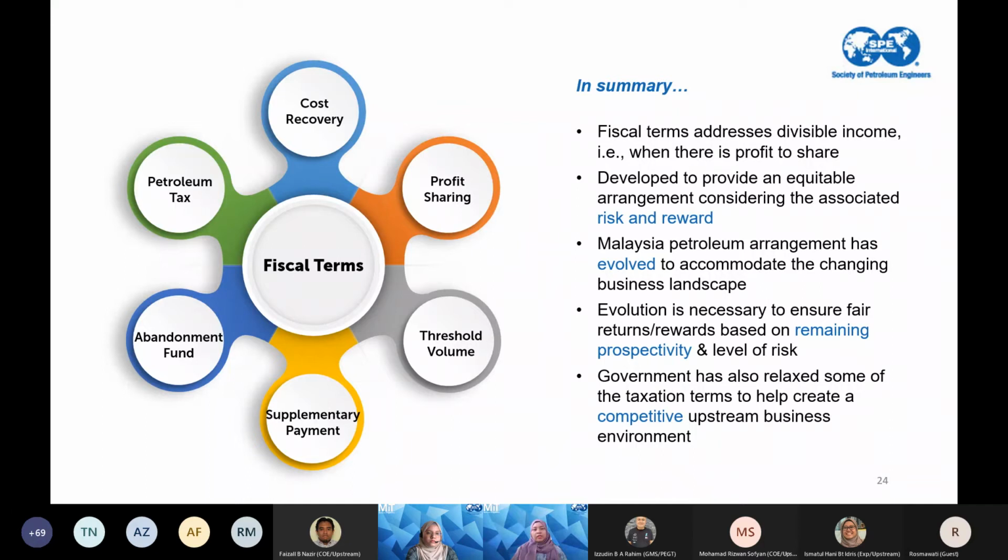There's a lot more information if you look it up online. But I hope this gives you an idea of what petroleum economics is all about, and how the Malaysian fiscal system works. If you have any questions, please write in to the chat box, and hopefully Isha will ask me questions. Okay, I think that's it for me.